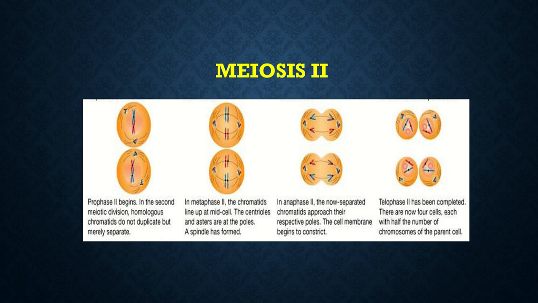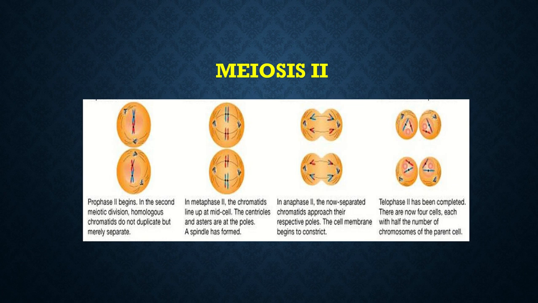We should also keep in mind that it is not always meiosis 2 that will immediately follow prophase 1. It's a sequential cycle where meiosis 1 is followed by meiosis 2. In meiosis 2, in metaphase 2, the chromatids line up at the equatorial plane as seen in normal metaphases.